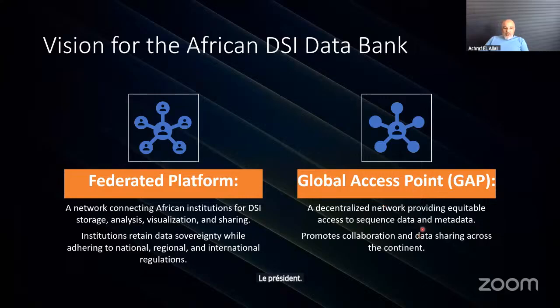This would be a decentralized network providing access to sequence data, metadata, and also access to analysis, with HPCs around Africa that may offer computational help to different researchers in Africa.